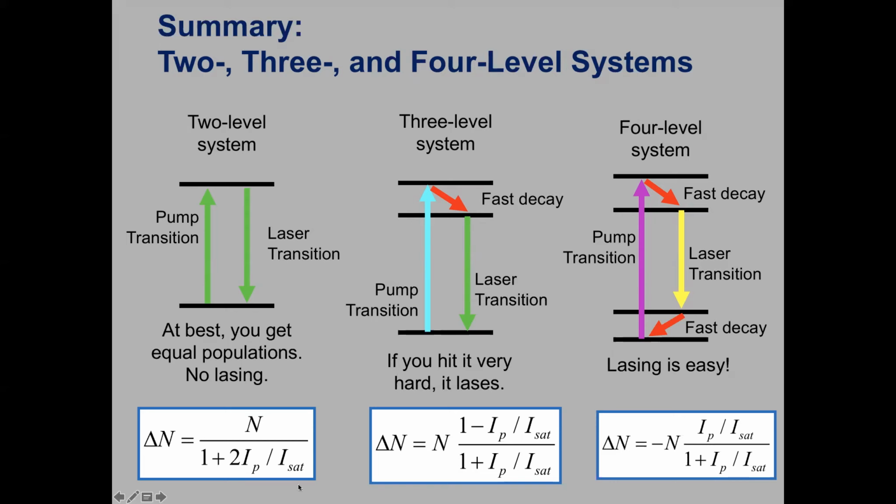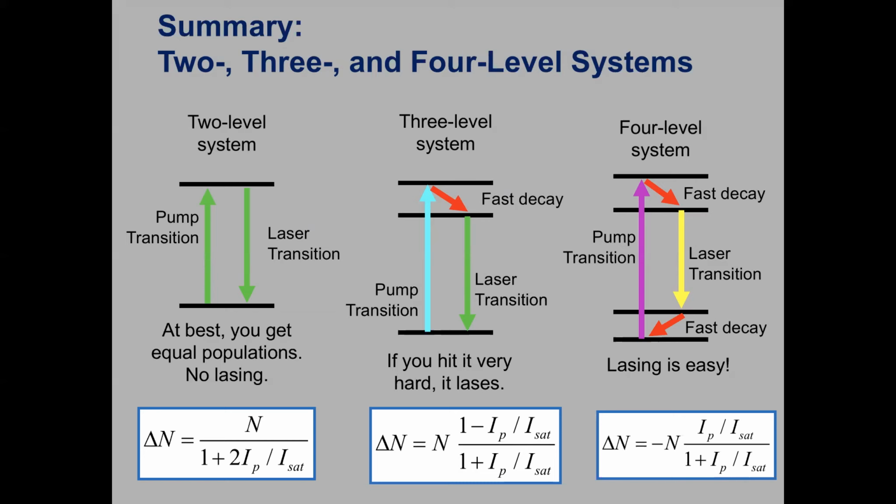And thus, we determined that that's always the case, no matter how hard we hit the two-level system with our pump light source. So no matter how big I sub p, our pumped intensity, gets, we can never get enough atoms into the higher energy level to sustainably cause stimulated emission.